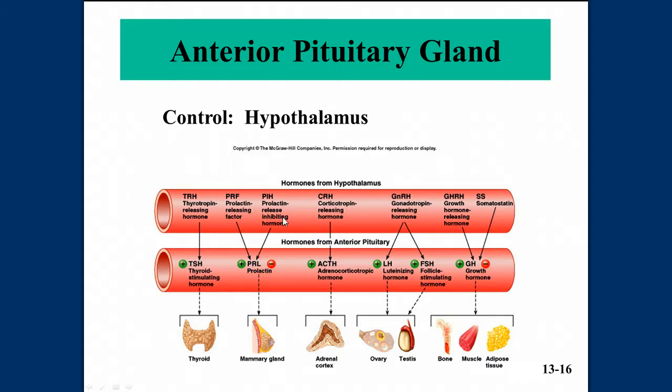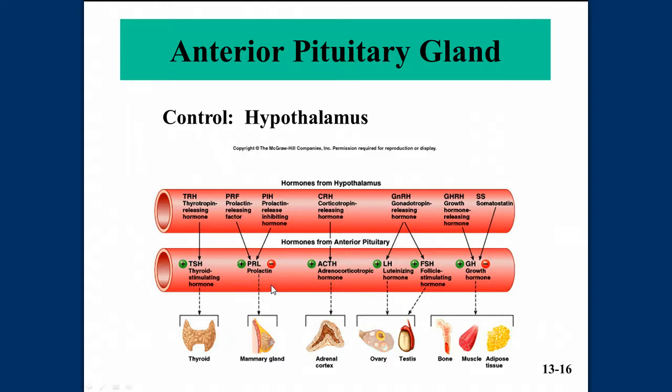Now, sometimes both hormones can be produced, but if there's more prolactin releasing factor than prolactin release inhibiting hormone, more releasing, then some of the prolactin will be produced by the anterior pituitary to go to the target cells in the mammary glands.